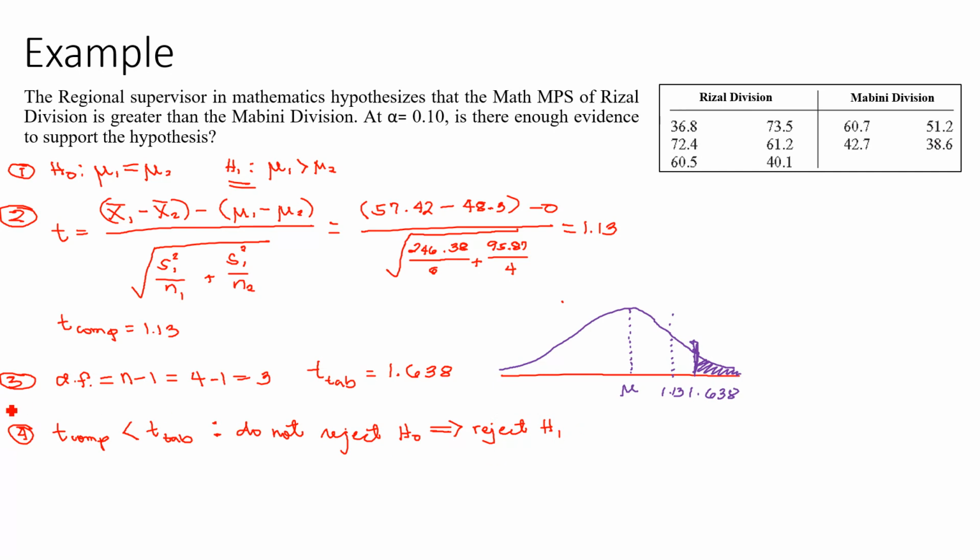Then for our number 5, our interpretation, we could say that there is not enough statistical evidence to support the claim of the regional supervisor.